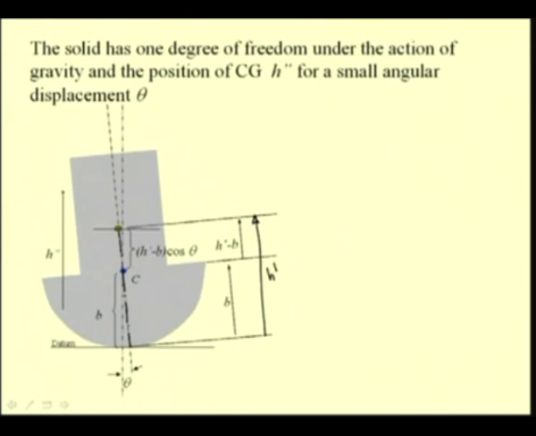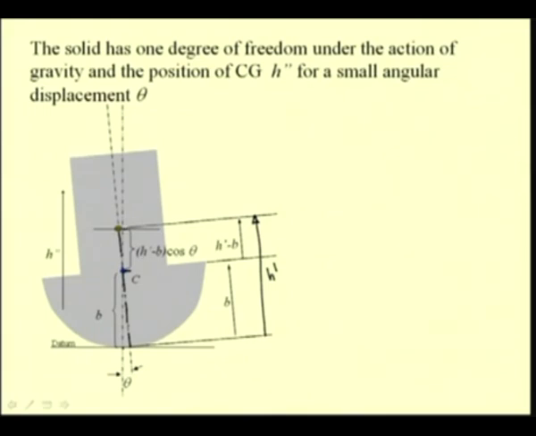And if this angular displacement that we are considering is theta, then this distance, that is marked on the present vertical axis passing through the point of contact between the composite object and the datum surface, is H prime minus B times cos theta.